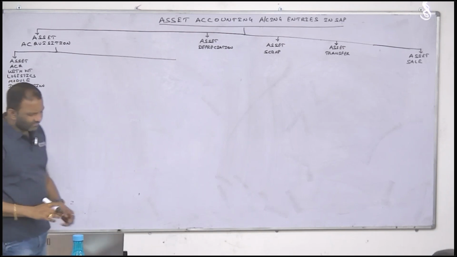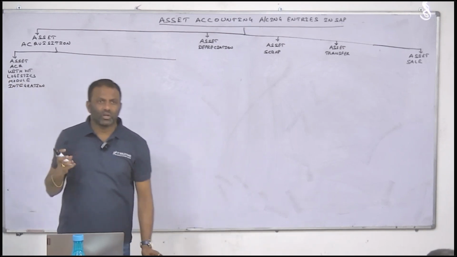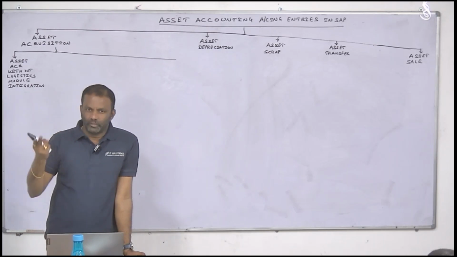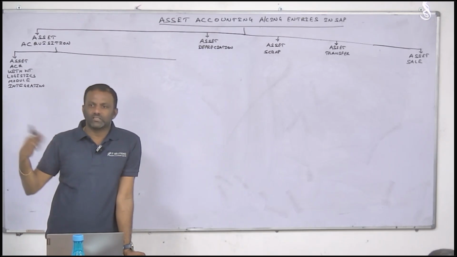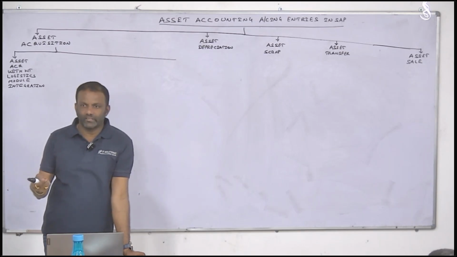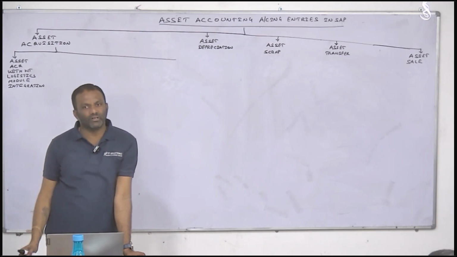That means, sir, whenever we are using logistics module integration, either MM will be involved, or PP will be involved, or SD will be involved. So here asset procurement, asset acquisition, right? So here which module will be involved?